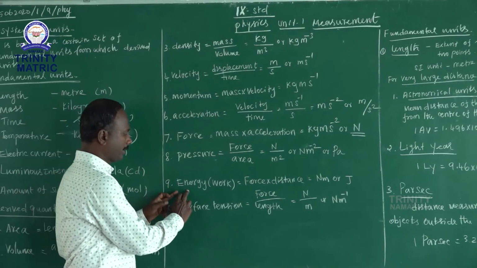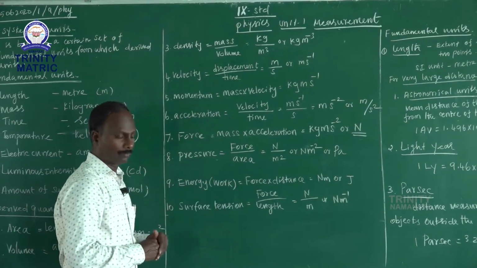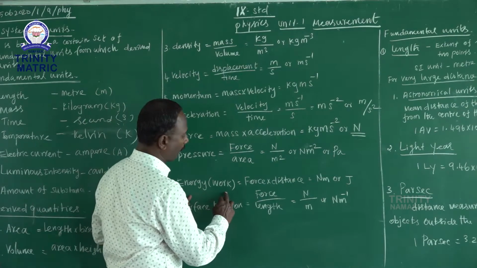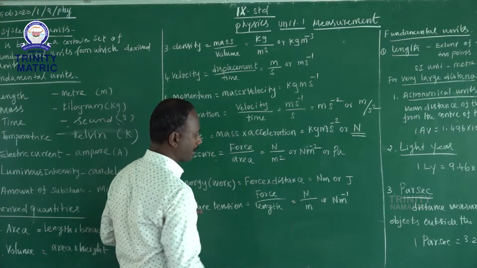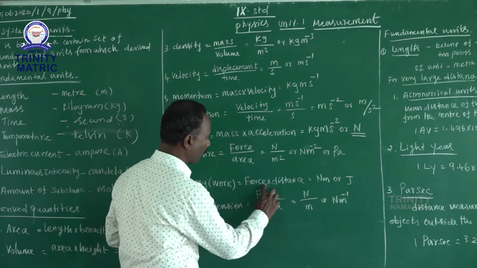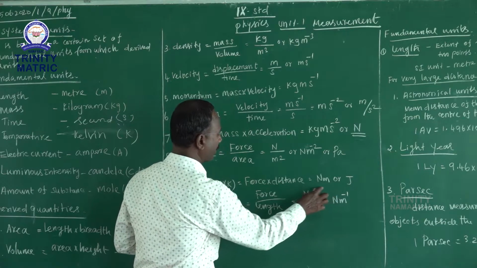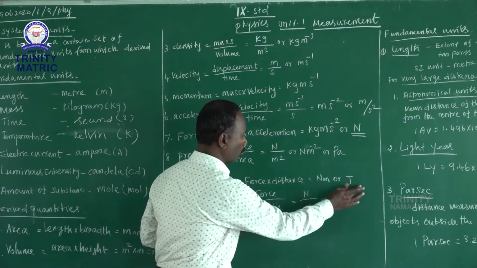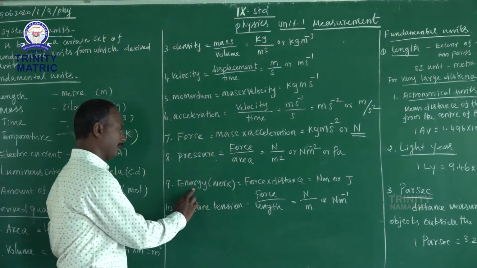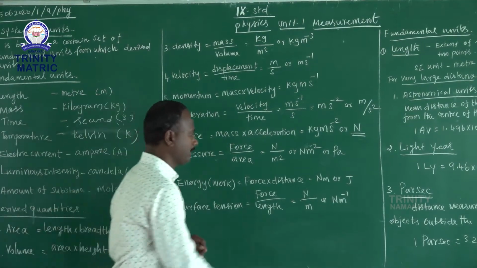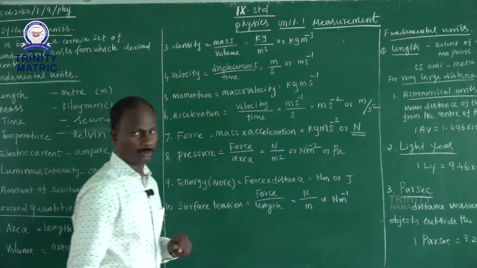Now energy or work, both are the same. The formula for work done is force into distance. The unit of force is Newton, distance meter, so Newton meter, or another familiar unit, Joule. So energy or work done has the same unit, Newton meter or Joule.